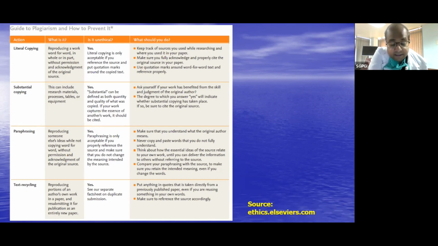Paraphrasing is acceptable if the original reference is cited, and if there are some sentences which are literally taken from those original manuscripts, you have to put them in quotes and cite the original work. So this is a minor but still important thing we have to understand.